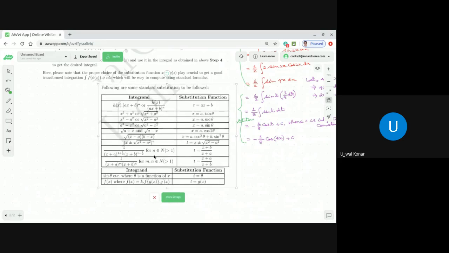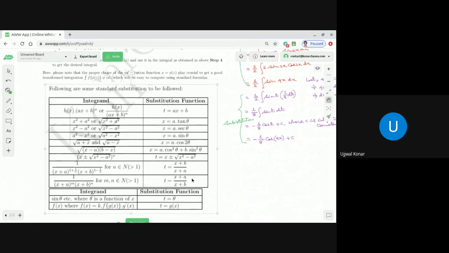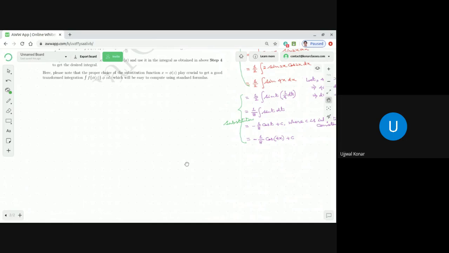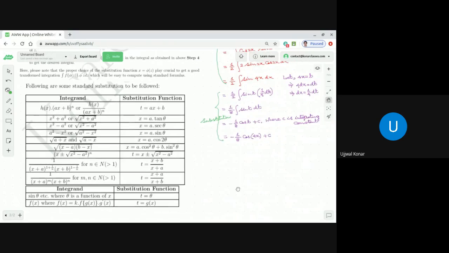It came up very quickly this time. So the integrand is in column 1 on the left hand side of the table, and on the right hand side you see what to be substituted for it.